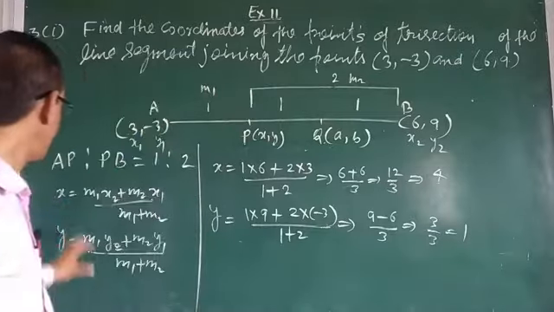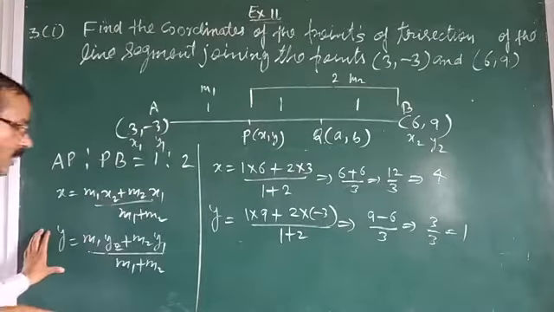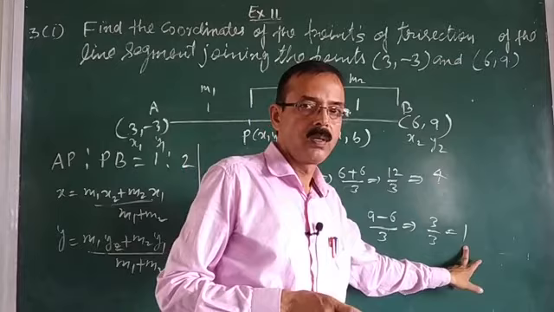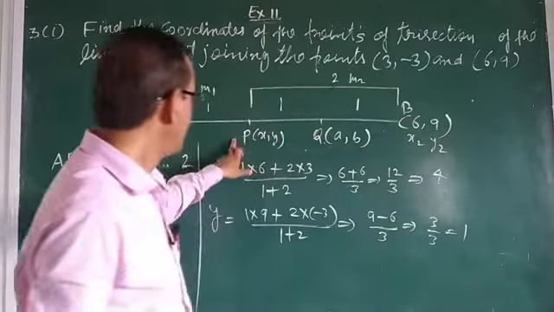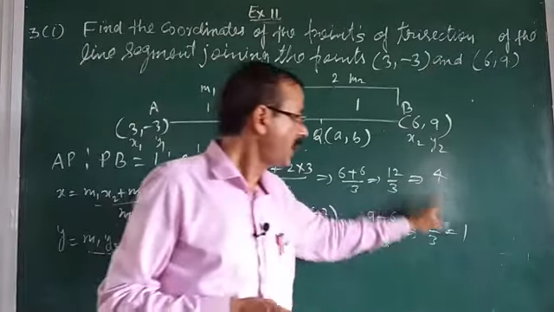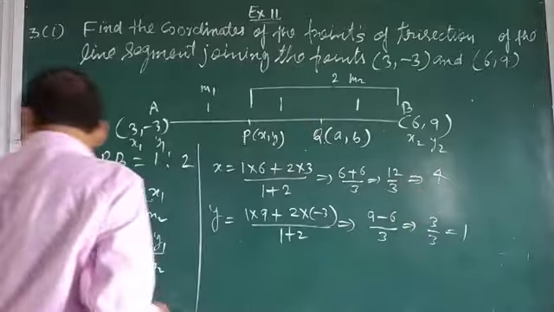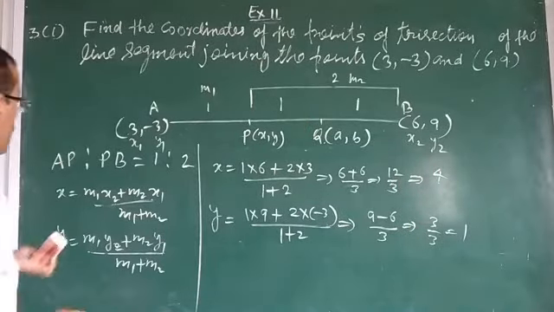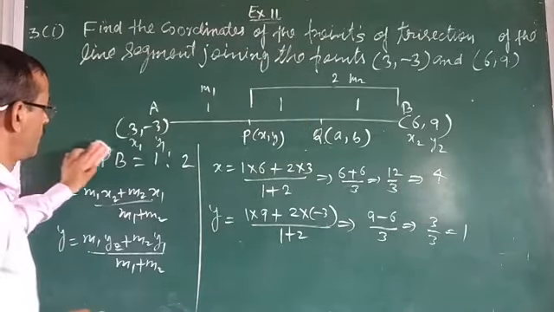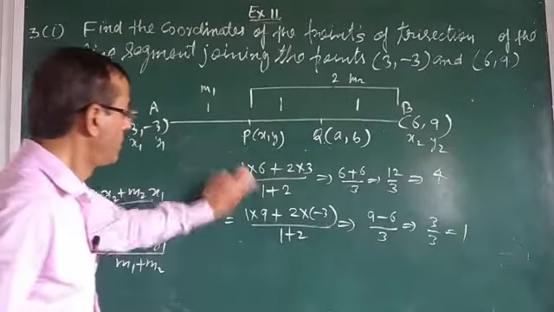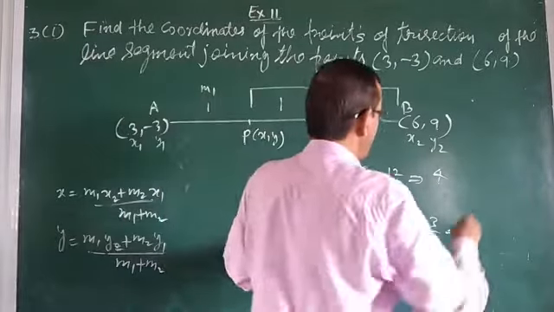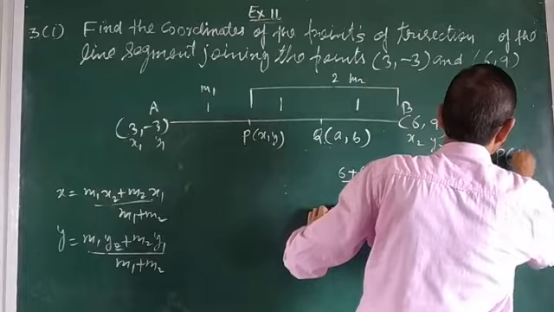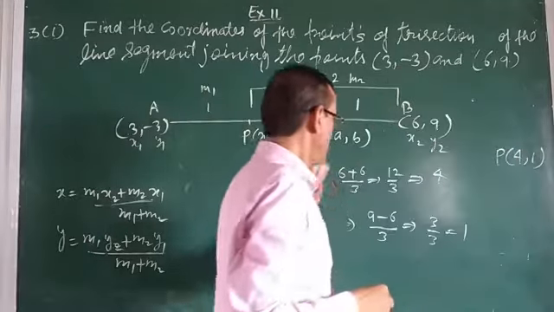So x value came 4 and y value came 1. The coordinates of P came (4, 1).